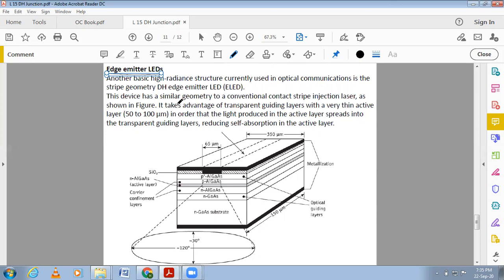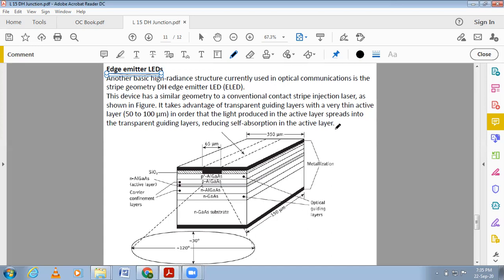This device has a similar geometry to a conventional contact stripe injection laser, as shown in the figure. It takes advantage of a transparent guiding layer with a very thin active layer, 50 to 100 micrometers, so that the light produced in the active layer is spread into the transparent guiding layer, reducing self-absorption in the active layer.